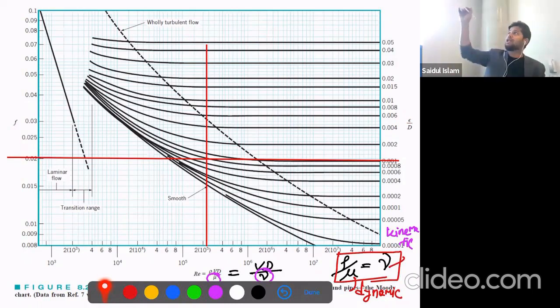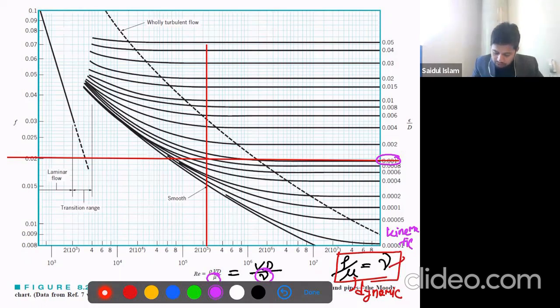Let me tell you how you will get the friction factor from this diagram. Let's say, for example, you calculated epsilon over d is 0.001, just for understanding, okay?